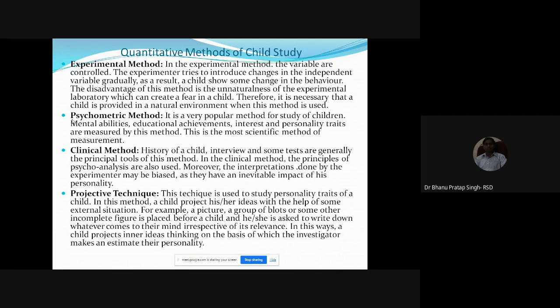But there may be some disadvantages also. If we control one variable, several negative things may come among the child. If you are in an experimental laboratory, you are controlling one variable. By controlling the one variable, the child may feel fear.